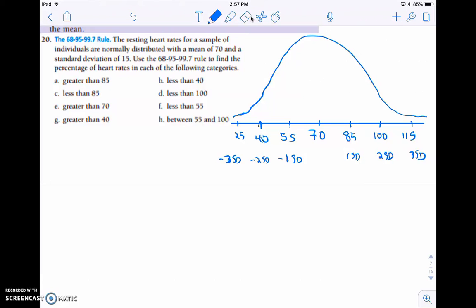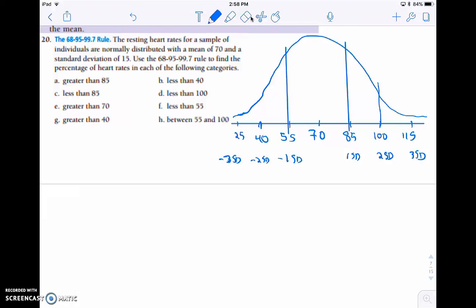Now we're going to use this information to try and determine the answers to these questions. I'm going to try and draw some straight lines here, although I may miss a little bit. So here's my 1 standard deviation. So that 68% is contained between 85 and 55.